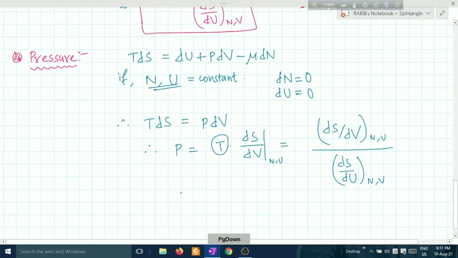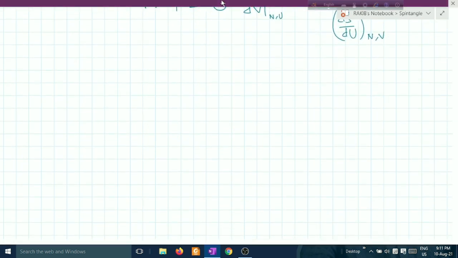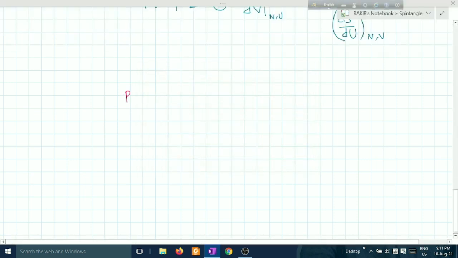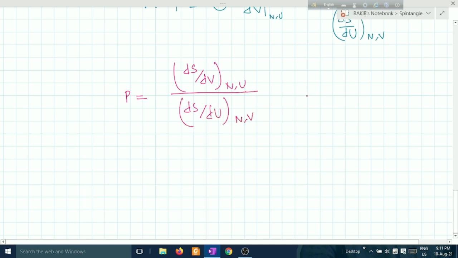This is the answer for pressure. This means pressure becomes ds by dv at n comma u upon ds by du at n comma v.